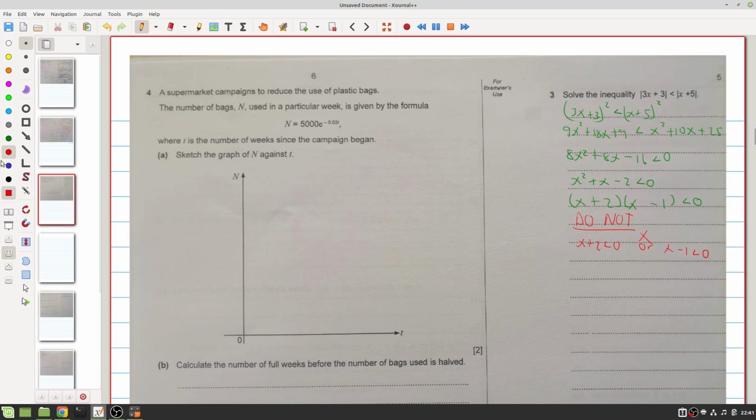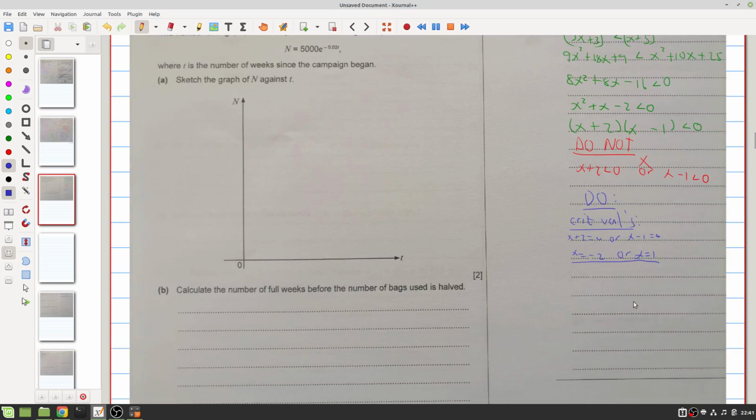Okay, so what we should do is we're going to say our critical values are, and the critical values are x plus 2 equals 0 or x minus 1 equals 0, which gives us x equals negative 2 or x equals 1. So those are our critical values.